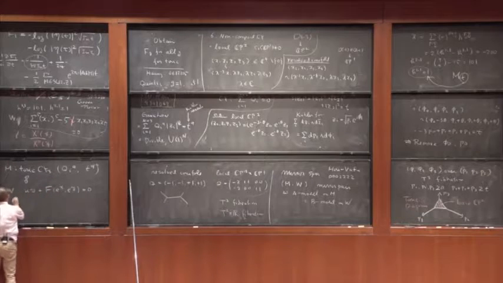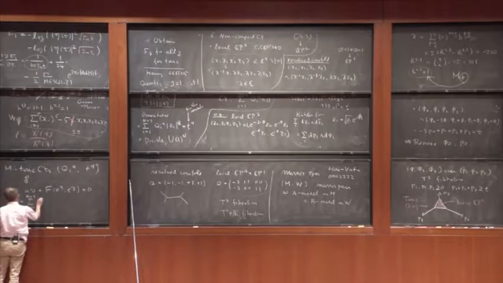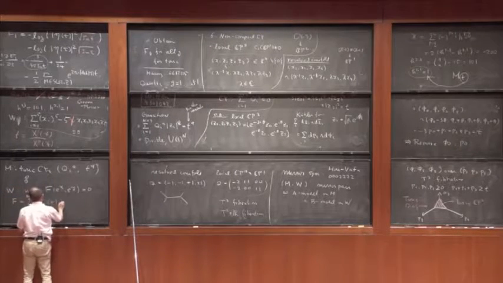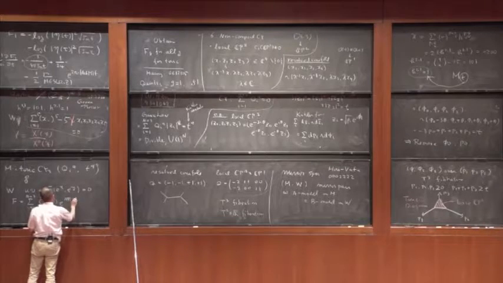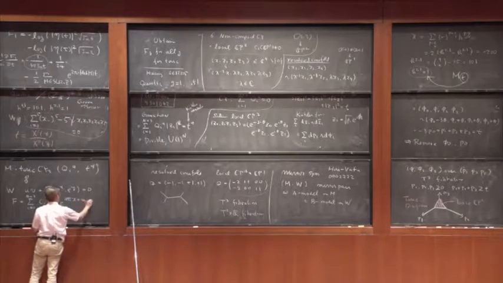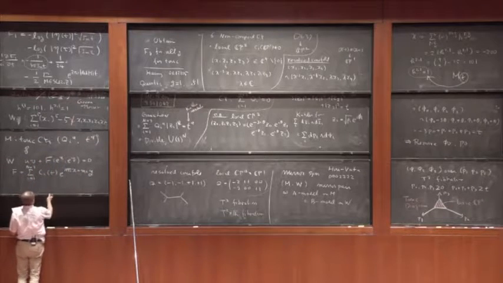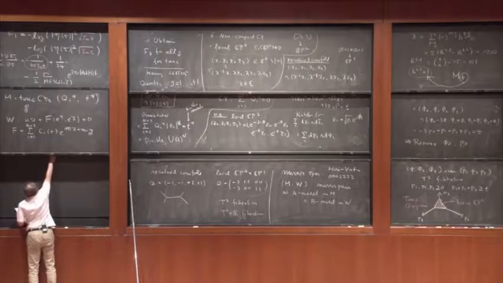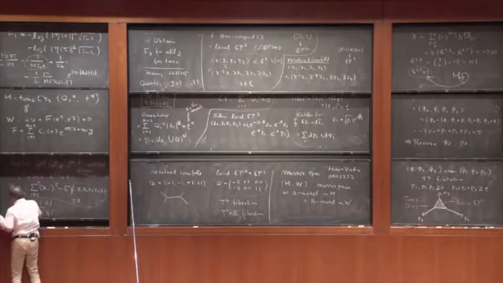Where this function f is given by this type of thing, where n, m, and c are given by these sets of constraints.